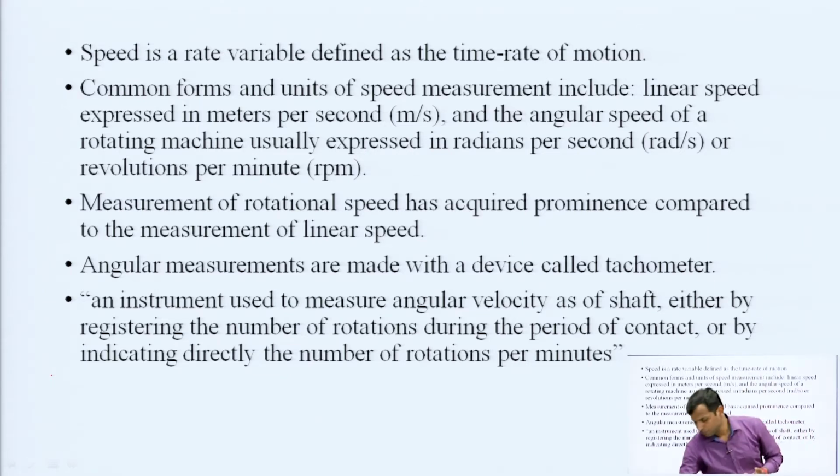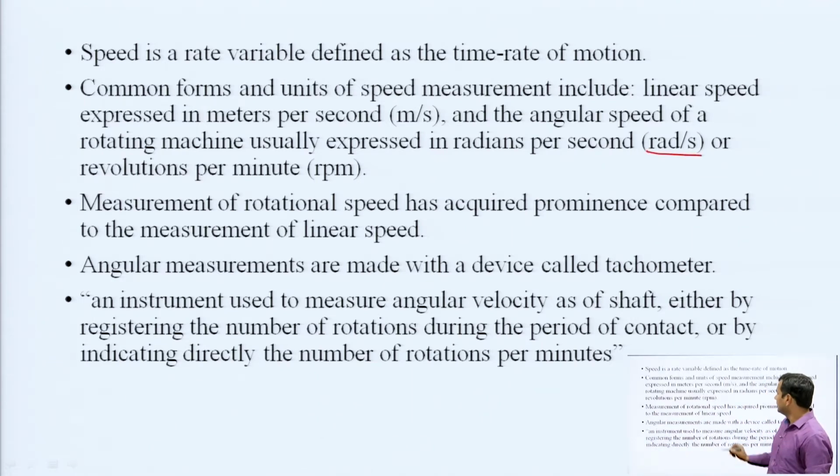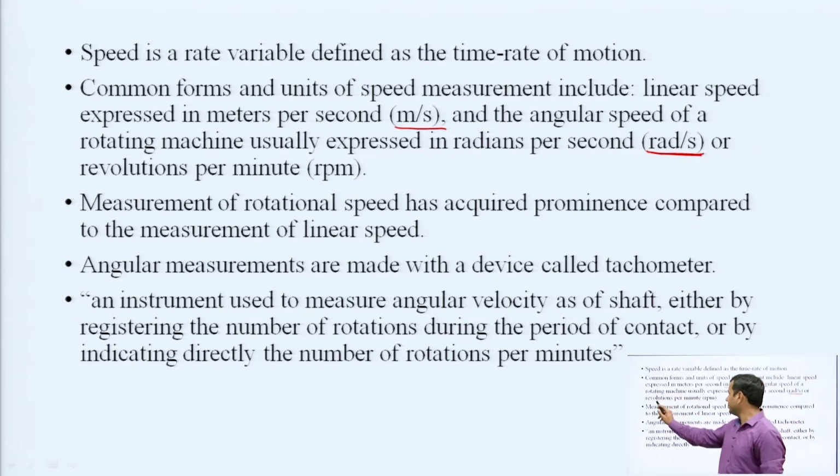So the unit of this is radians per second, and to measure linear speed it will be in meters per second, and for angular speed it will be in radians per second or revolutions per minute, that is rpm.